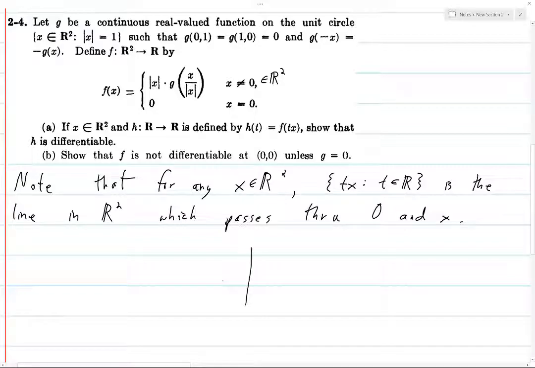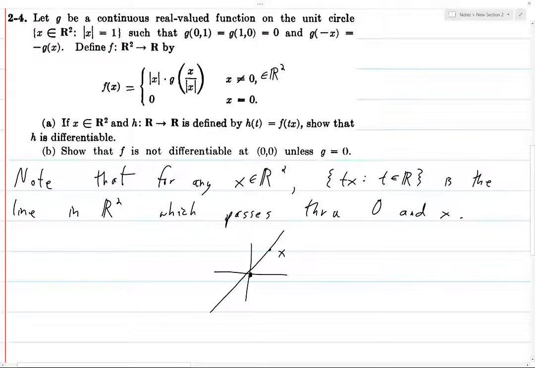What H looks like is you choose a point x here and you draw a line that passes through both x and the origin, and then when you plug in t equals 0, you're going to evaluate f at this point.